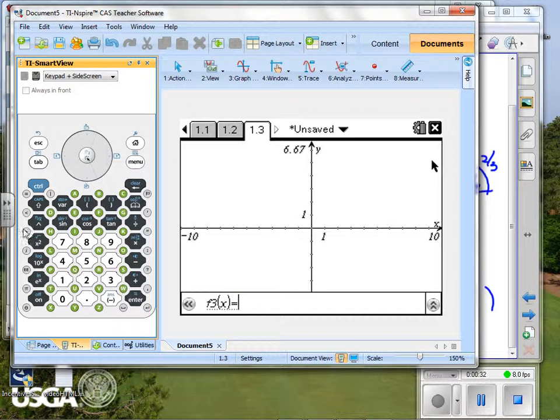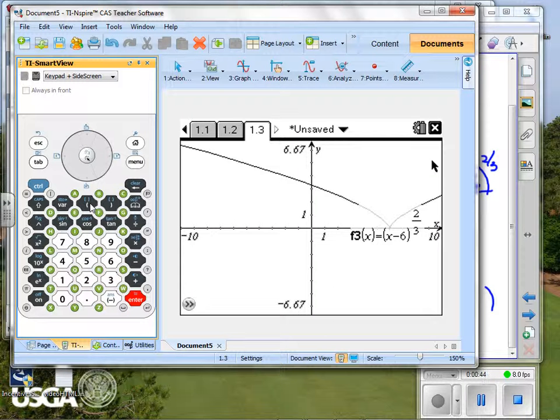Okay, and that's going to be to the 2/3 power. I'm going to get a really interesting graph out of that.